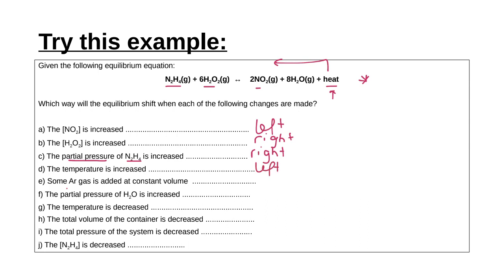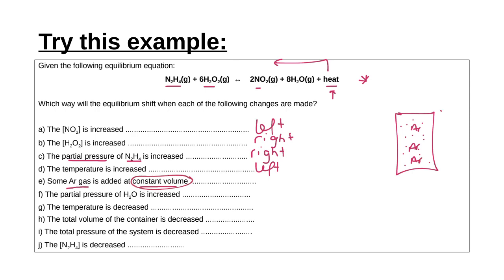Here we go. Some argon gas is added at constant volume. So the argon is an inert gas. It's not going to interact with anything in the container. But if you had an equilibrium, so here was your container, and you had all kinds of gas molecules in here, and now all of a sudden we add some argon into the spaces that are there, and it says constant volume.